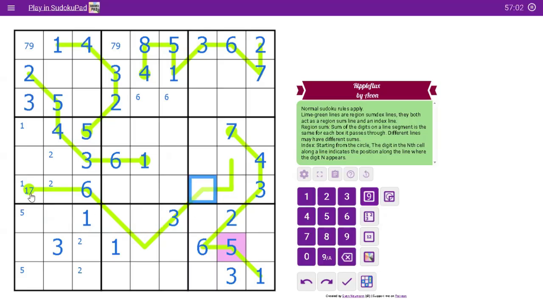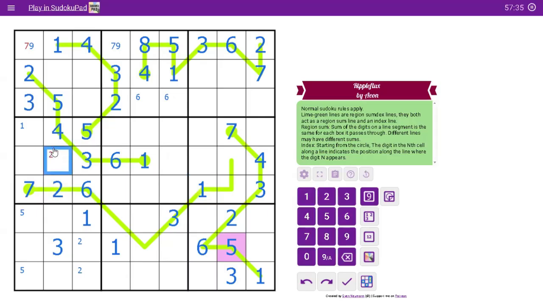Okay, that 6 will make what? Yeah, and now this can't be a 1 because the 8 and the 2 would clash. So that is a 7. That would put a 1 there. So far, so good. This is 13.